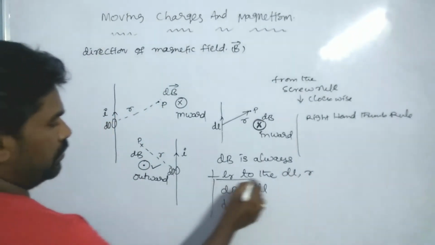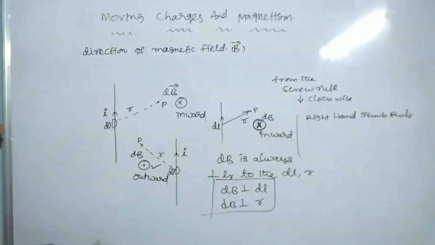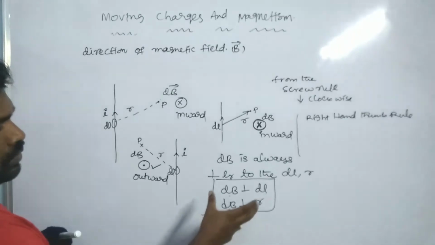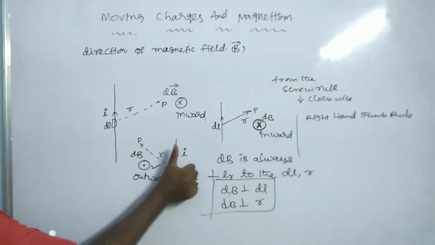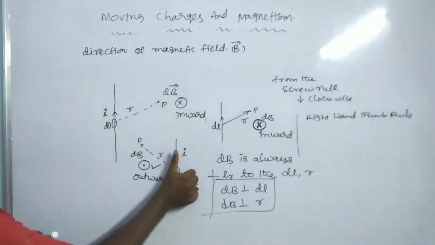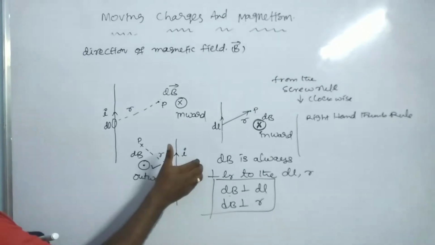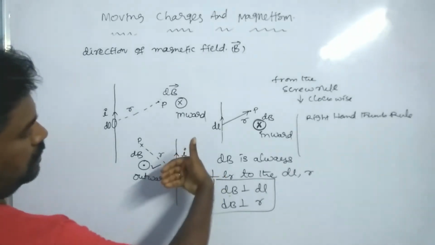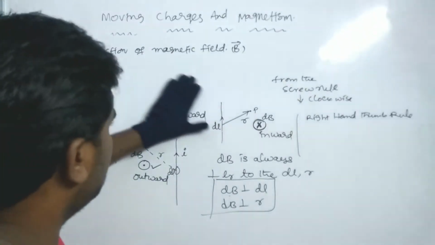It means you have to remember these two. dB is perpendicular to the dl value and dB is perpendicular to the r value. Okay, right? So these are the points you have to remember. Whenever you keep the right hand thumb and your fingers are curled, this shows the inward and this shows the outward. Okay, let us see one more example.